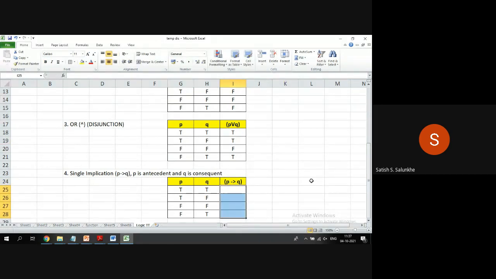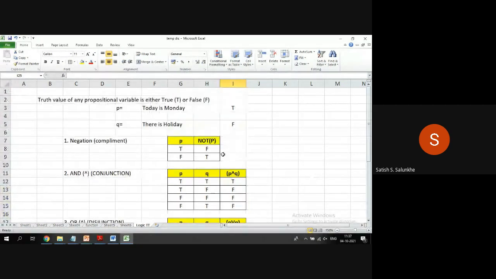So let me take an example. Let us say P is "I will give you a gift". Now we don't know whether this is true or false; in general it is one propositional variable. And Q is "you pass an examination".